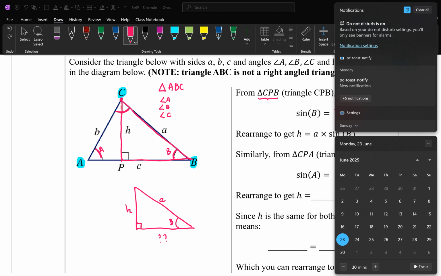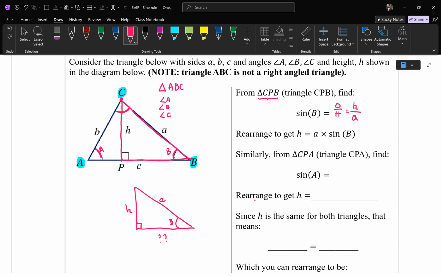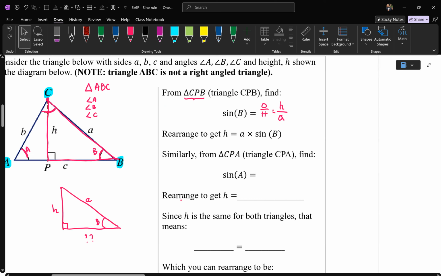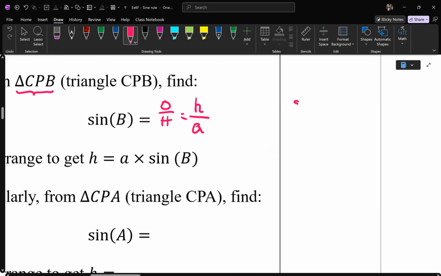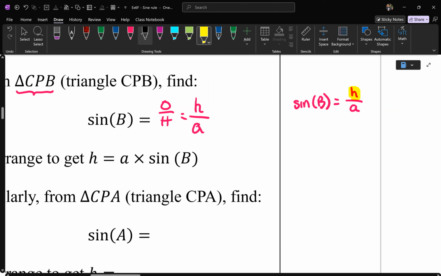I'm like, cool, that's pretty straightforward. Then I rearrange that equation to find what h would equal. For those who might want to see the algebra: sine of B equals h over a. If you want to find h, you've got to get rid of the divide by a. What's the opposite of divide by a? Times a.